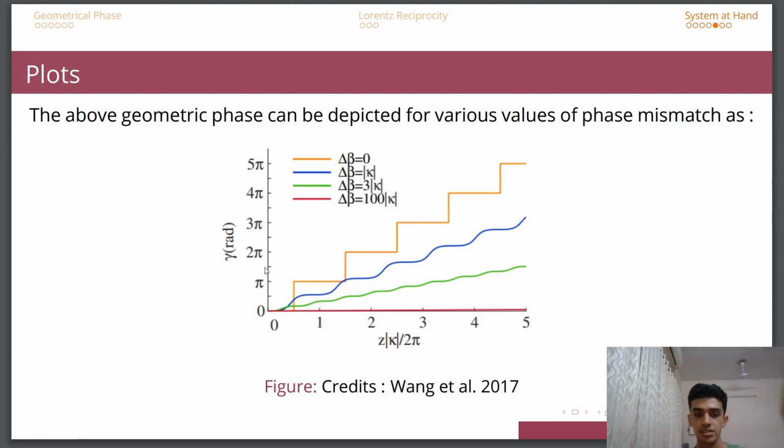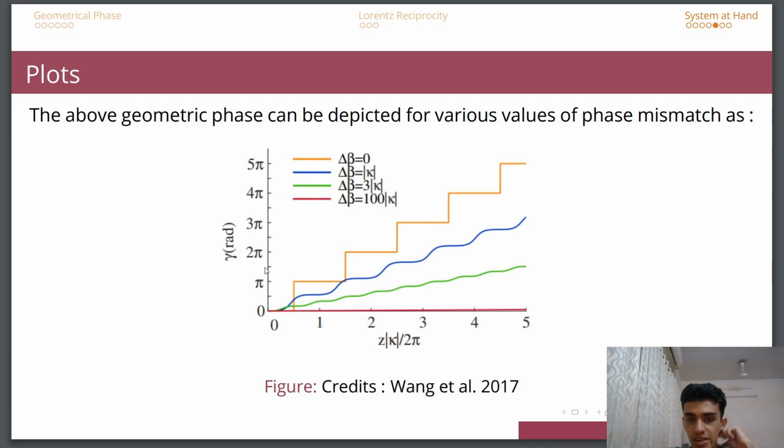So I'll discuss some interesting limits here. As we can see, for delta beta equal to 0, where delta beta is denoting our phase mismatch, whenever it completes a cycle, it picks up a phase of pi. I'll discuss this later from the Bloch sphere point of view, but this is an important point.